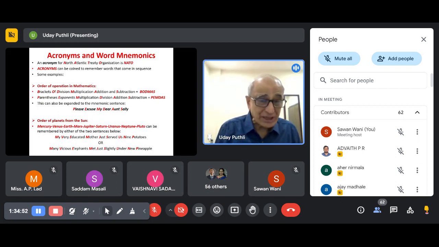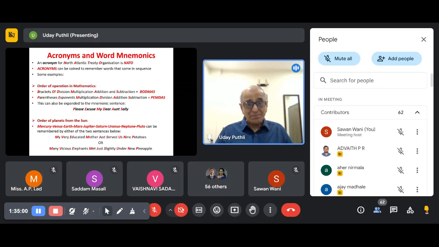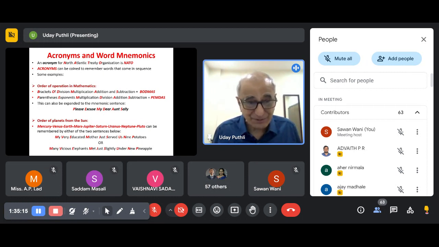Now, the word off over here is another word for multiplication because sometimes it is written as off. So what happens is, whatever is in the brackets, you remember your algebra, whatever is in the brackets you solve first. If you don't have variables like xy, then the numbers have just got to be added or subtracted depending on what is inside.